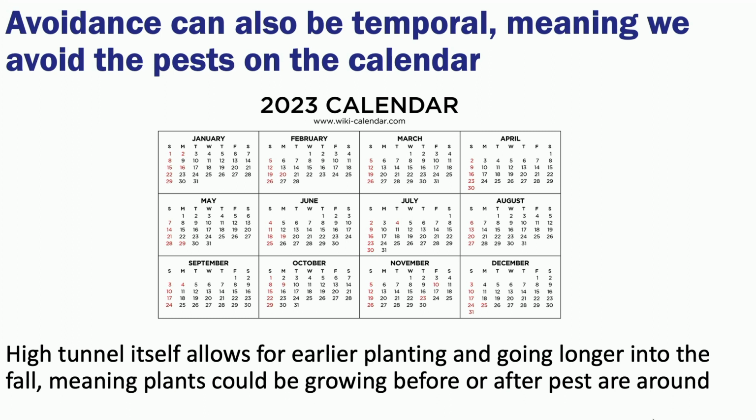But we do see that we avoid them at the end of the year where the pests kind of peter out by August, and then whatever plants we put in, if you can get them growing and then harvest them by November, that's what we've done with the cut flowers, we see a great reduction in a lot of the pest pressure by avoiding these things on the calendar. So just another kind of cultural method to keep in mind.